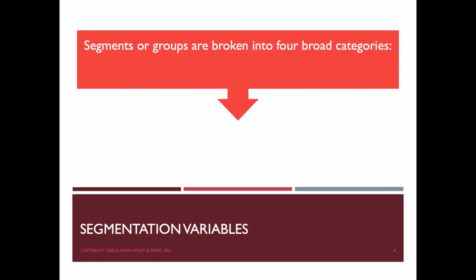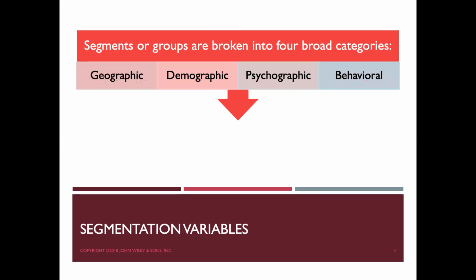One is behavioral. Psychographic. How else are we going to break it down? Geographic. There's one more. Demographic. So we've got these 4 different things we can break people down into.